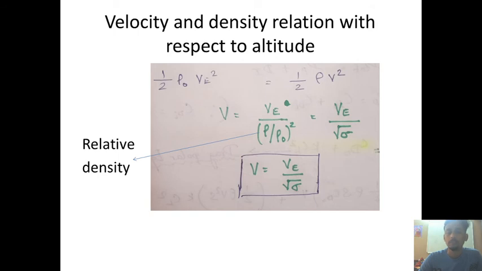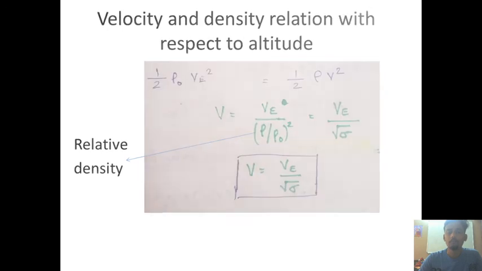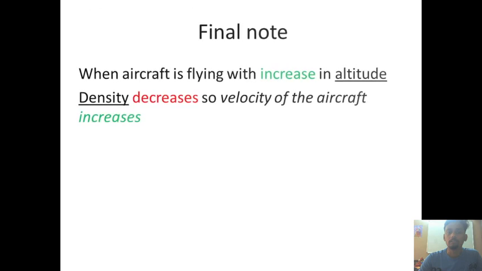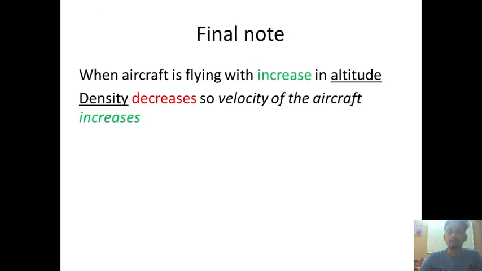From this we can find the true velocity, where V is equal to VE by root sigma. The final note is that when the aircraft is flying with the increase in altitude, the density decreases, so the true velocity of the aircraft increases.